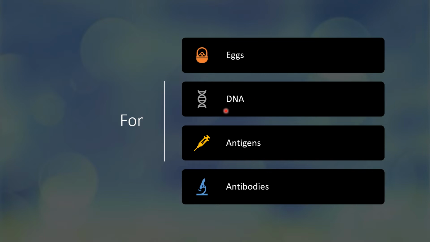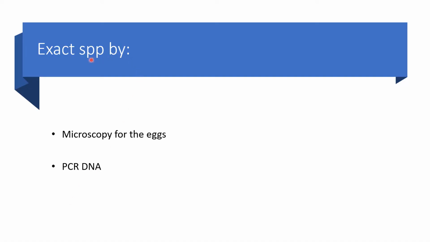Eggs, polymerase chain reaction for DNA, the antigens, and of course antibodies when there is host response. If you want to know the exact species of the parasite you are dealing with, the best will be microscopy of the eggs and polymerase chain reaction DNA.